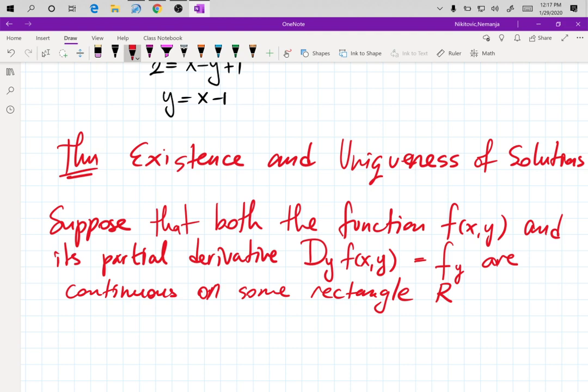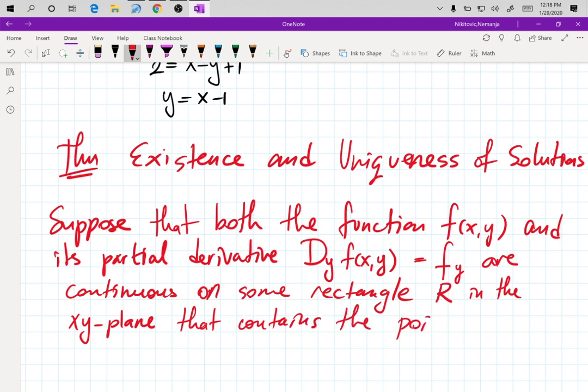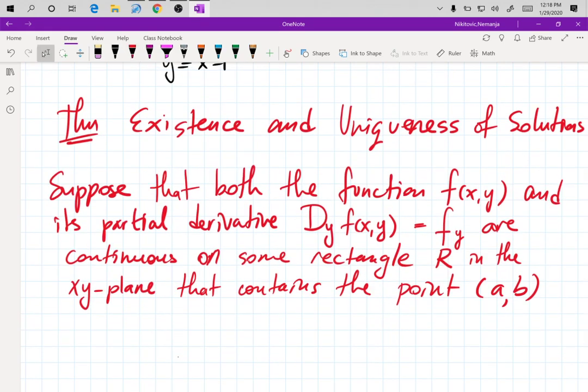So, continuous on some rectangle R in the xy plane that contains the point (a, b) in its interior.